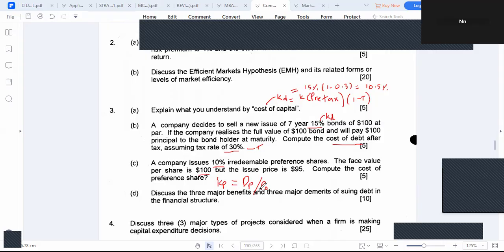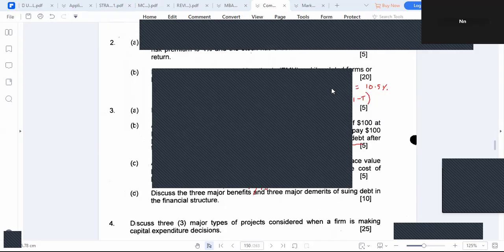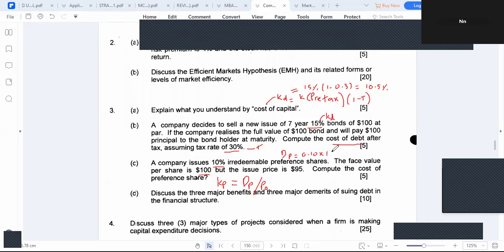It's simply the DP, which is a percentage of the face value. So dividend paid is 10%, so 0.10 times the face value. The face value is how much? 100. When you calculate this, we get the dividend paid as $10. Now, also divided by the net proceeds from the issue price. The issue price was initially 95.